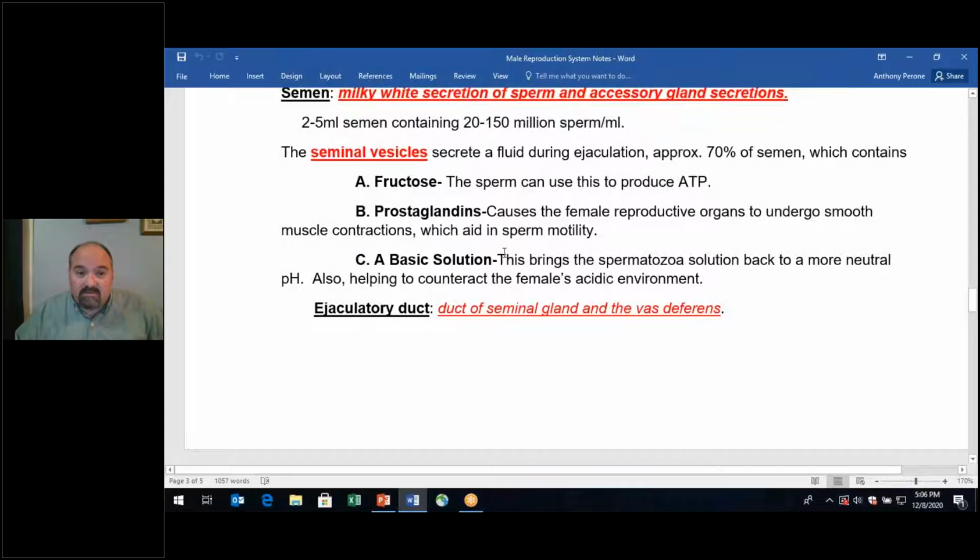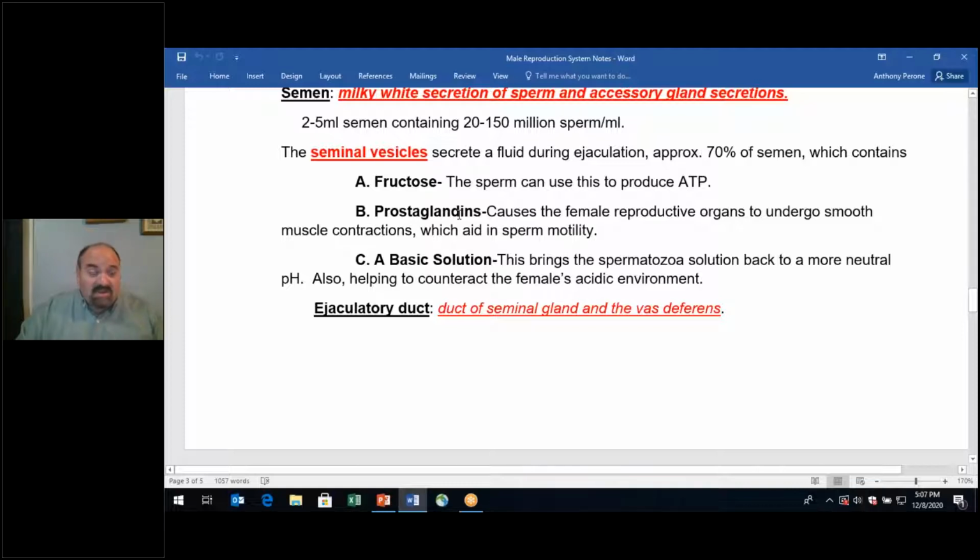Interesting how within the secretions there is a food present for the maintenance and nourishment of the sperm, as well as prostaglandins, and it's a basic solution. So it's not an acidic solution, but where's there an acidic environment? In the female anatomy. So this basic solution present within the ejaculate brings the spermatozoa solution back to a more neutral pH, helping to counteract the female's acidic environment.